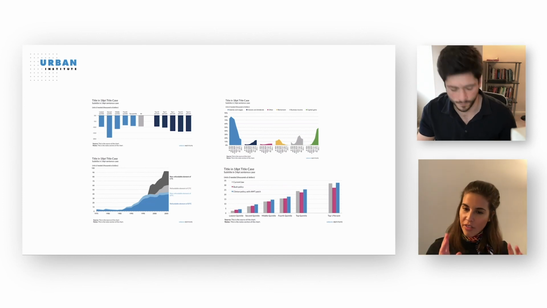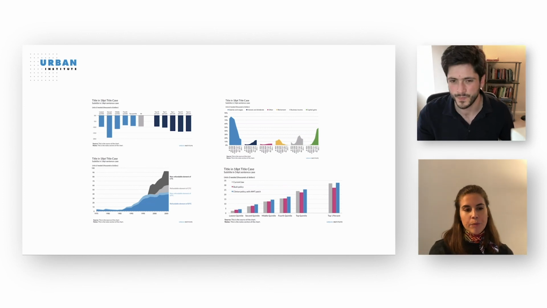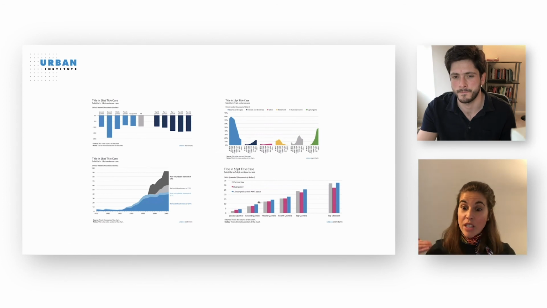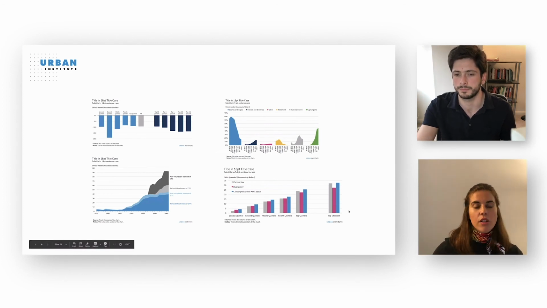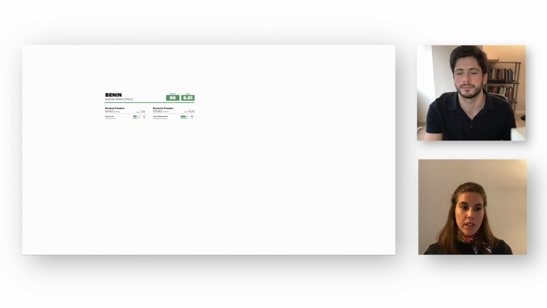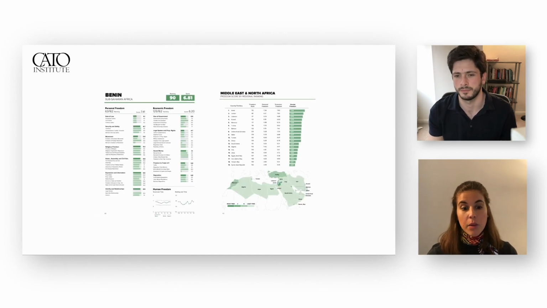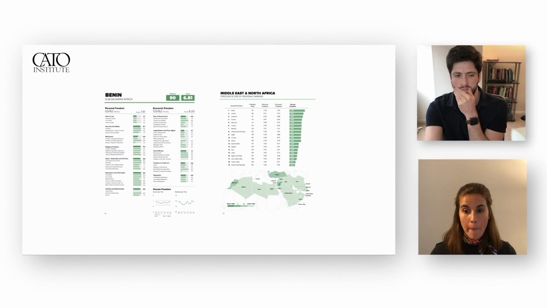They have that very present every time that they produce a chart. Also, we included an example of the Cato Institute. This is a Human Freedom Index. Some pages of the Human Freedom Index, a report we're involved in, and if you look at the report, you'll see the same thing: consistency across typography, composition, and the different colors.